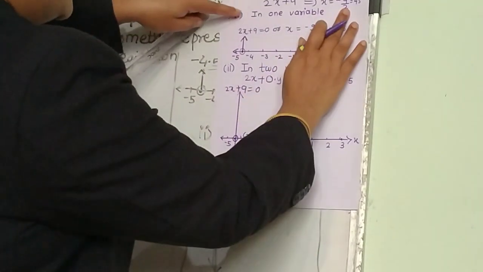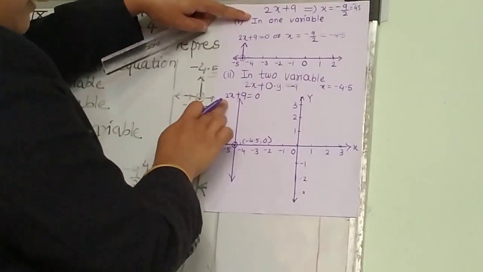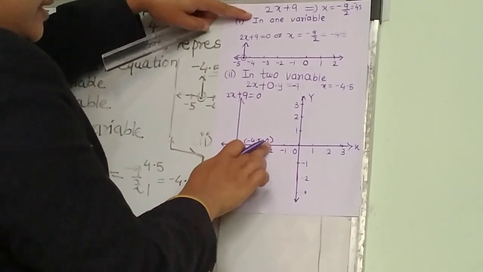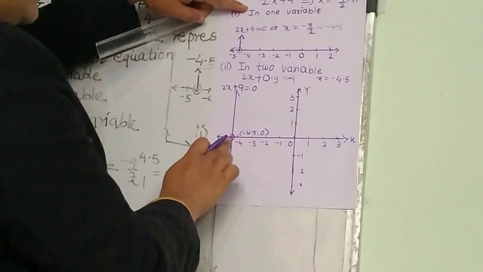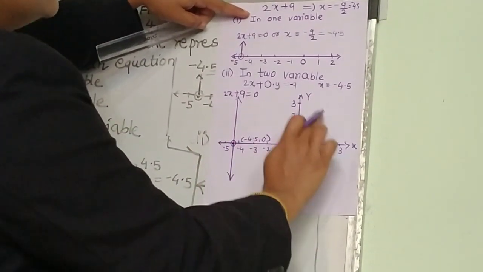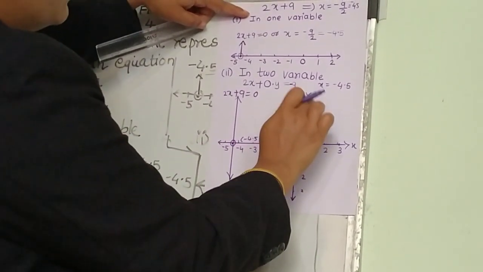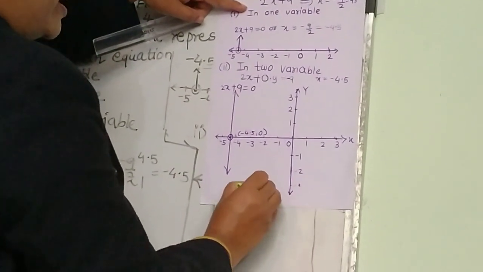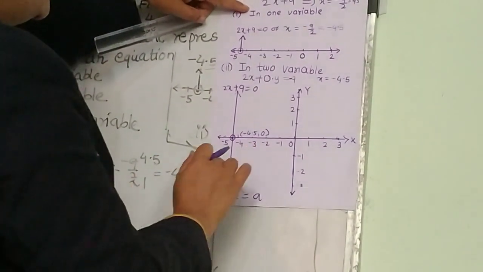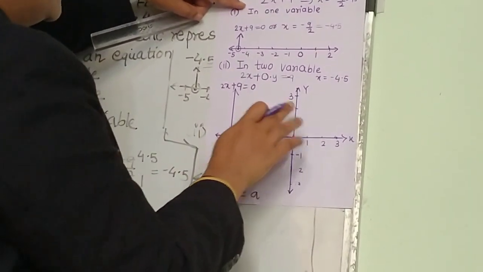So we observe that when the y coordinate is 0, the point lies on the x-axis, and this line is parallel to the y-axis. It means our equation x equals a is satisfied here for the parallel condition.